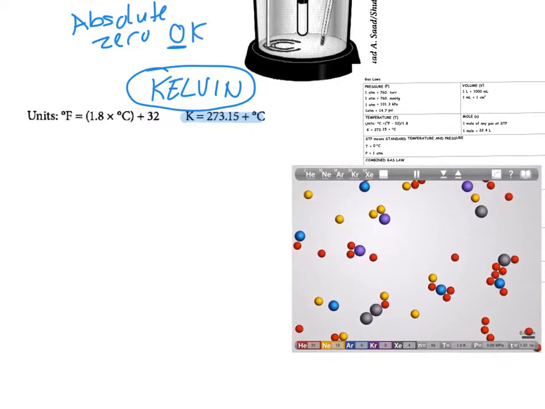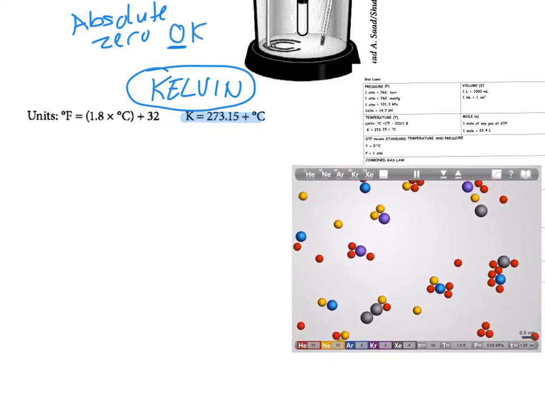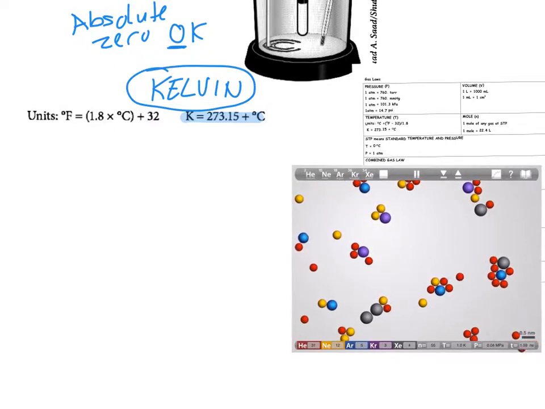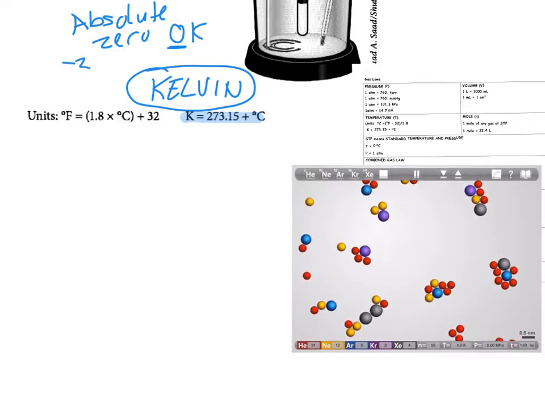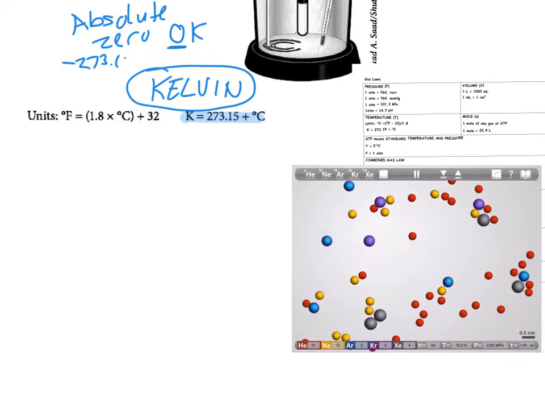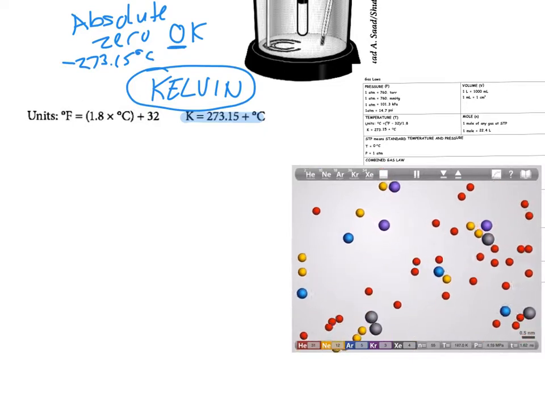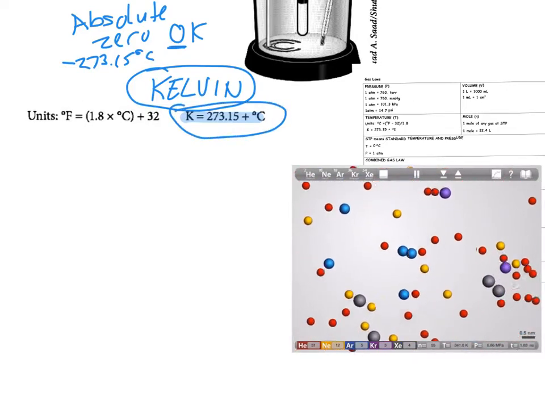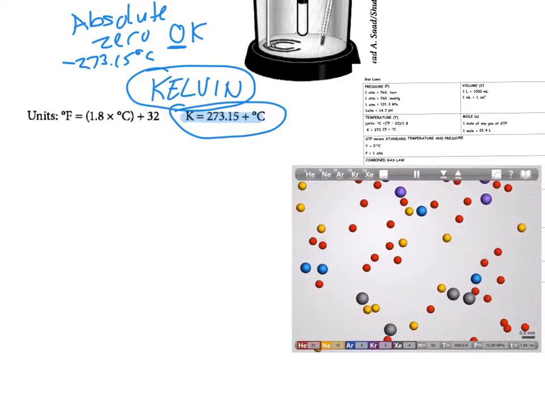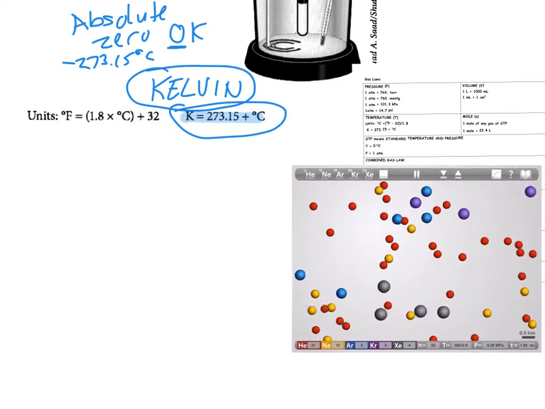It's the lowest temperature that material would be at. Motion really does stop for the atoms and molecules at 0 Kelvin, which of course is negative 273.15 degrees Celsius. That's why we have this Kelvin conversion of taking our degrees Celsius and adding 273.15, so we'll never have a negative Kelvin temperature.